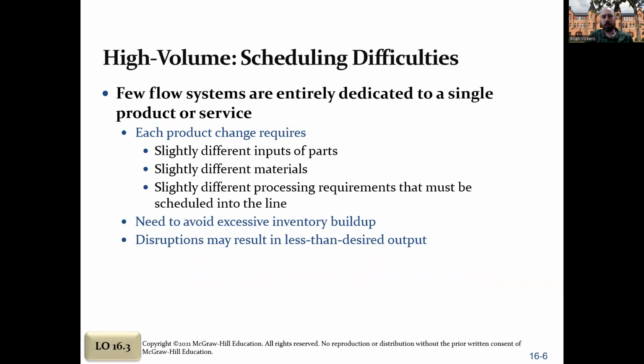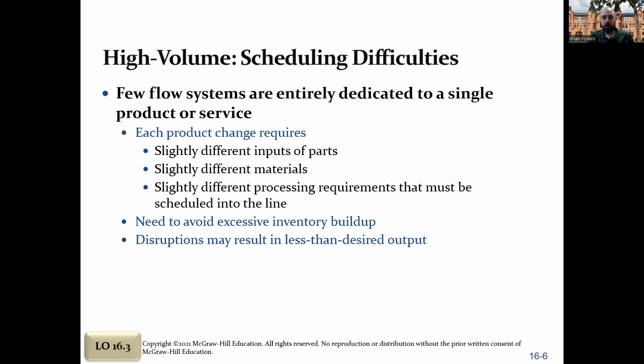Usually, if you are a company that makes a product, you don't just make one product. I mean, there's the continuous flow systems like an oil refinery, but even a factory that makes electronic goods or packages foods will have a number of different products that they produce, and so there's going to be some changing of inputs, changing of materials.